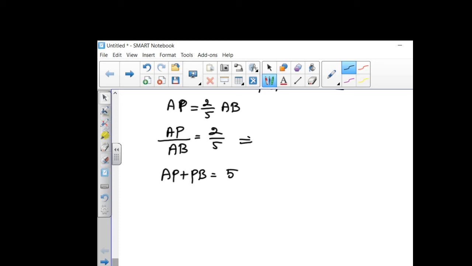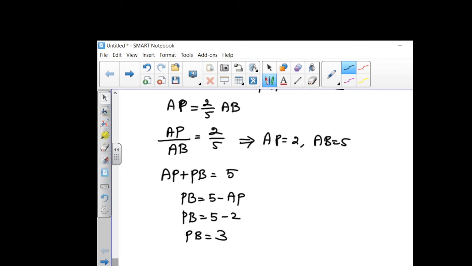Therefore AP is equal to 2 and AB is equal to 5. So AB is equal to 5 can be written as AP + PB is equal to 5. So we need PB. PB is nothing but 5 minus AP. AP oda value நமக்கு தெரியும், that is 2. So 5 minus 2. Therefore PB is equal to 3.